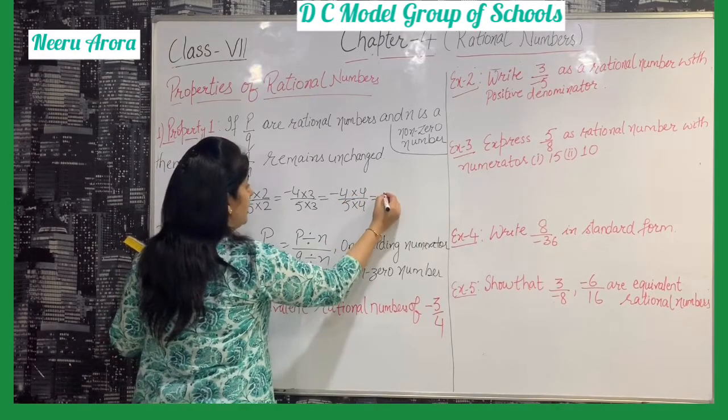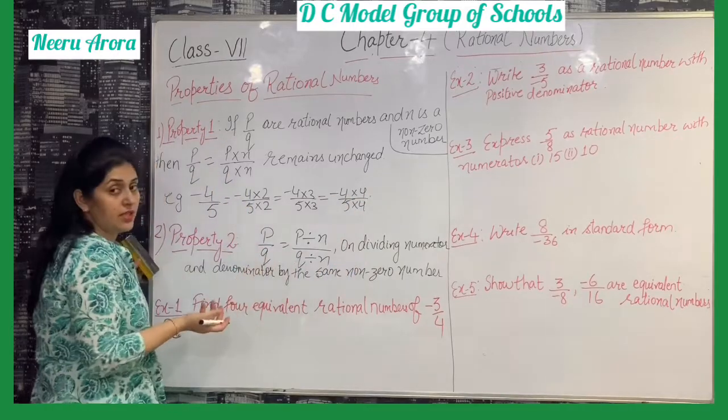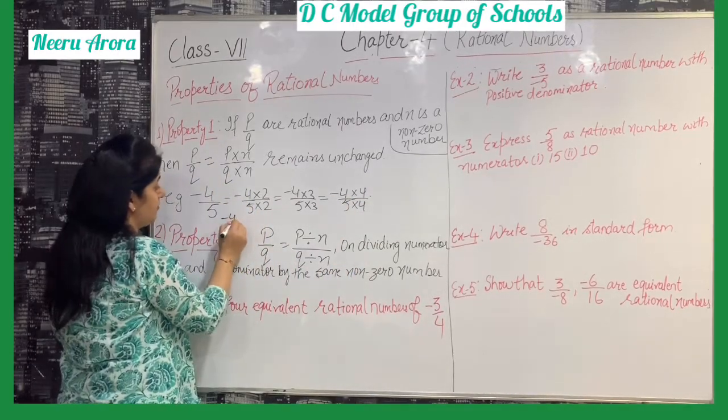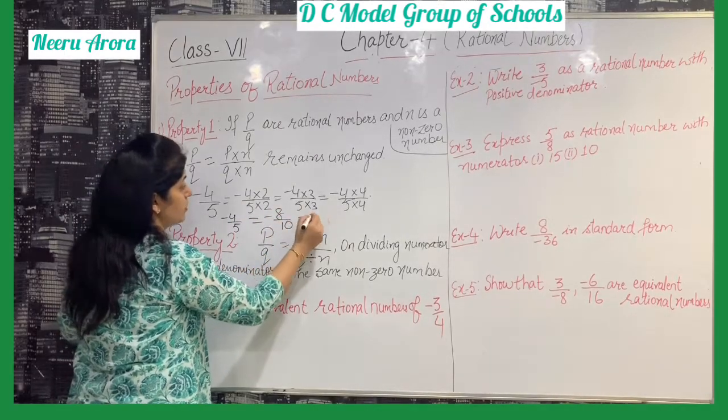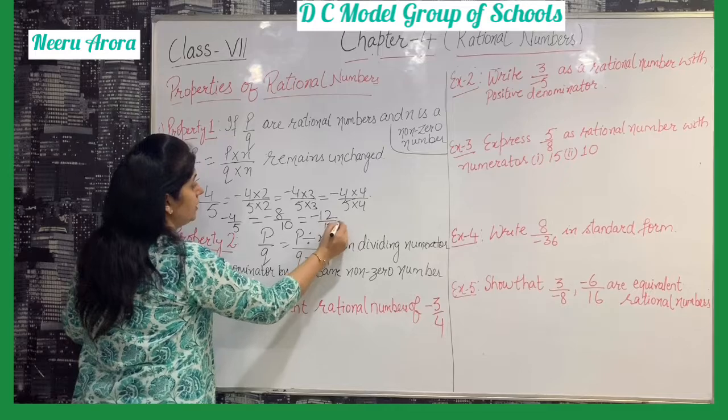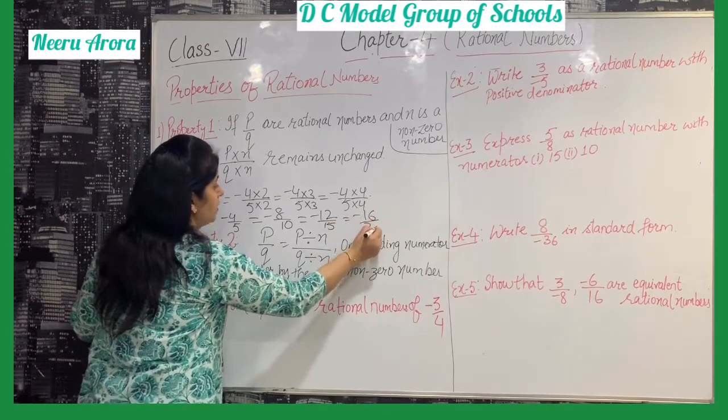It remains the same. So we can say minus 4 by 5 is equal to minus 8 by 10 is equal to minus 12 by 15 is equal to minus 16 by 20.